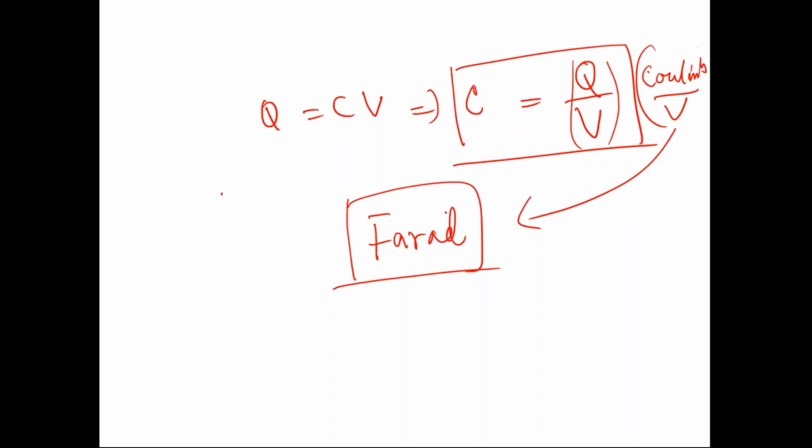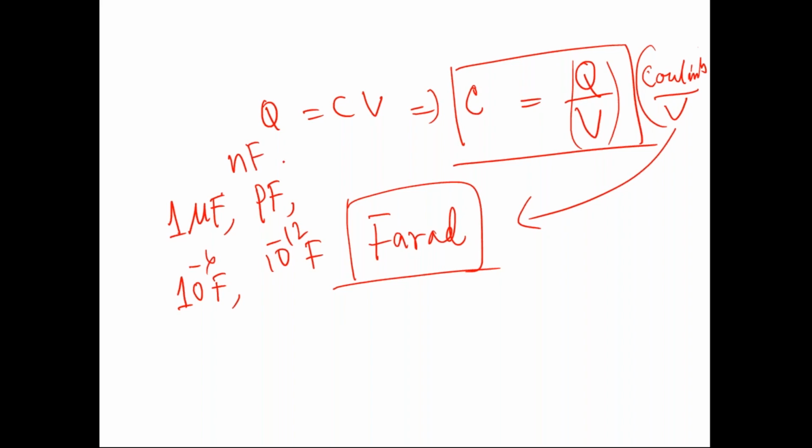That's why in practical day to day life, the capacitors we use are in microfarad, picofarad, written as pF, and nanofarad. A microfarad is 10 to the power minus 6 farad, a picofarad is 10 to the power minus 12 farad, and a nanofarad is 10 to the power minus 9 farad.